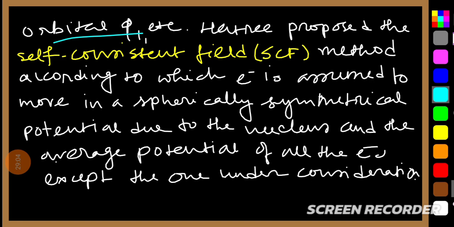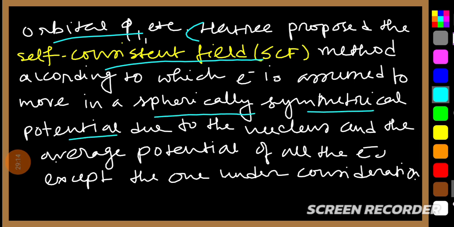Now Hartree proposed the self-consistent field method, that is the SCF method, according to which each electron is assumed to move in a spherically symmetrical potential due to the nucleus, and the average potential of all the electrons except the one under consideration.